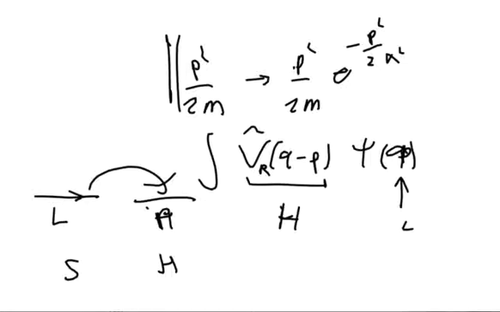And therefore, you never have to worry about the kinetic energy mixing low energy to high energy modes, or low momentum to high momentum modes, because it's diagonal in momentum, and therefore any mode is left invariant by this operator. So this would be redundant.